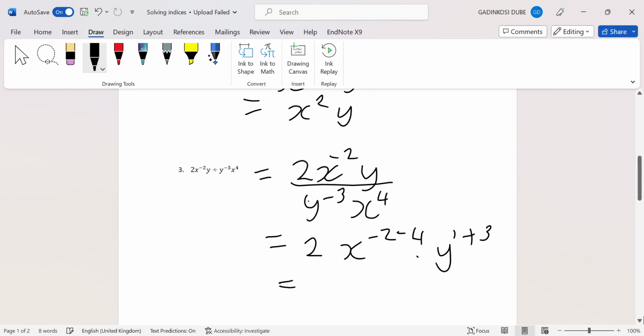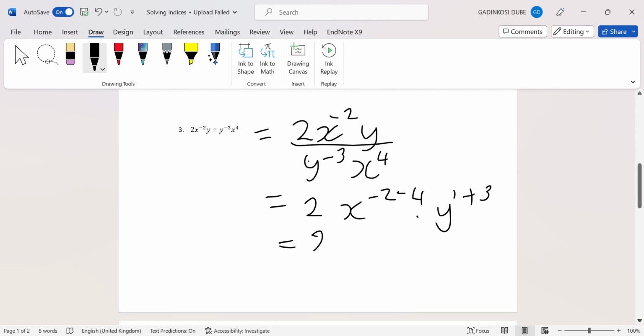When you solve this, because these are directed numbers, it's going to be 2x to the power minus 6, all multiplied by y to the power positive 4. Eventually, this is the same as 2 multiplied by y to the power 4 all over x to the power positive 6.